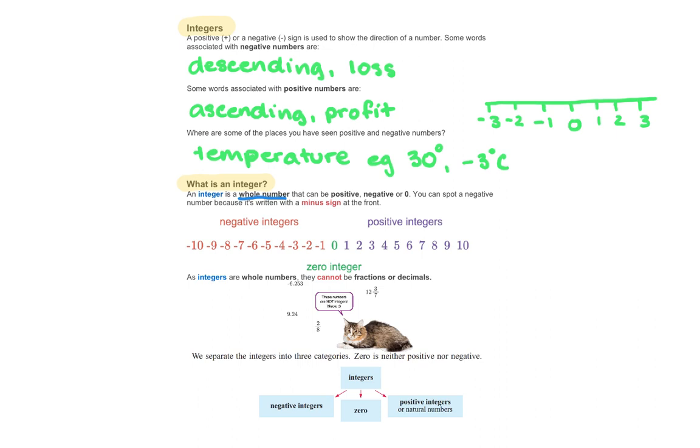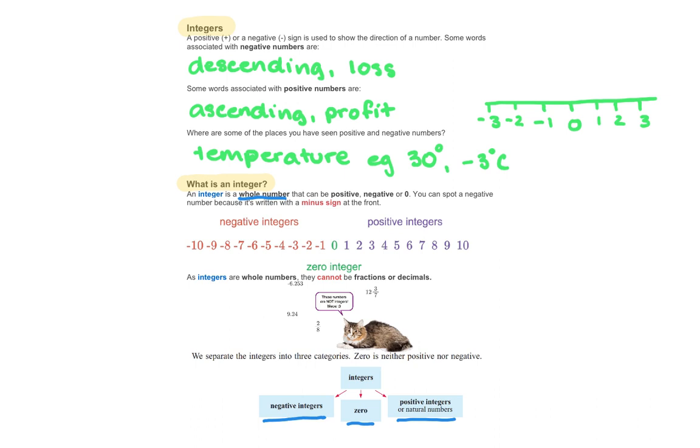So it's a whole number, no fractions and no decimals. Now down here, we've got a little bit of a chart. Integers divided into negative integers, 0, and positive integers. Because 0 is not negative and it's not positive. It just sits there by itself.